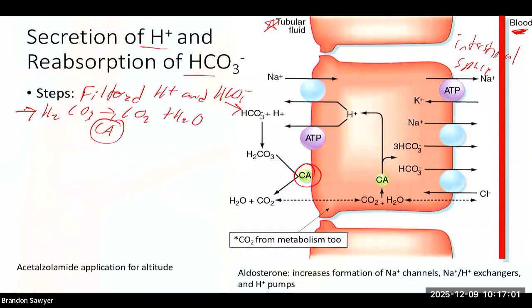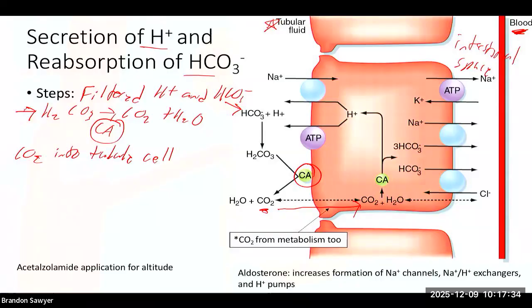And then the CO2 goes into the kidney tubule cell. All right, so we can see that CO2 going into the kidney tubule cell. Okay, the water can stay there, or it can follow another ion, depending on where we're at in the nephron. So the kidney tubule cell pretty much reabsorbs that CO2.